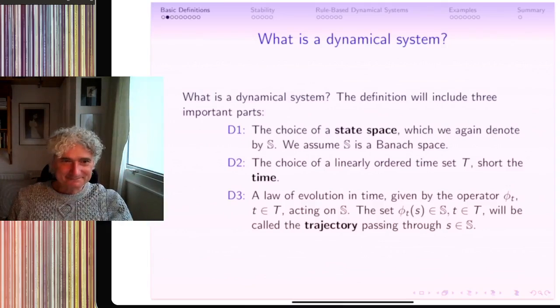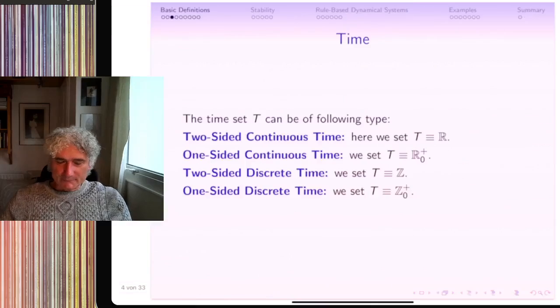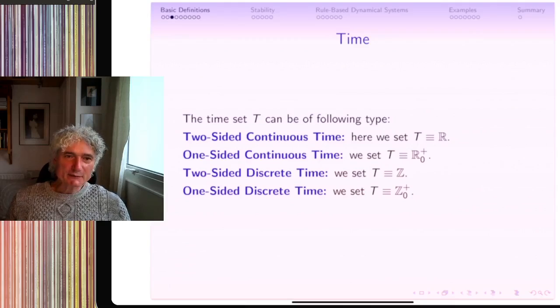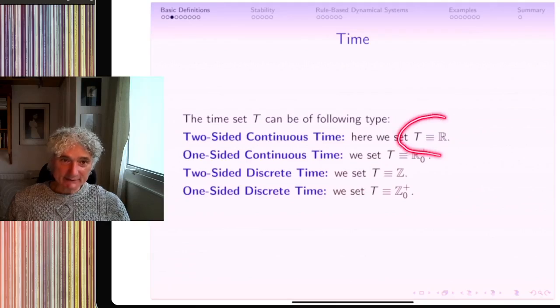Okay, so let's discuss a little bit the time set T. The time set can be of the following type. Actually, we could have already said exactly the same for stochastic processes in an earlier lecture. So we can have either a full time continuous dynamical system. In this case, we set the time set just to be the real numbers.